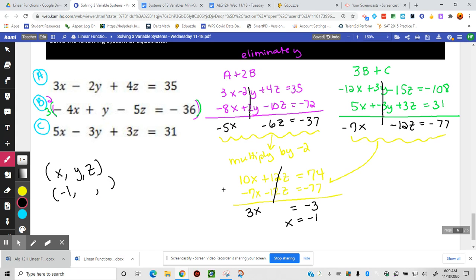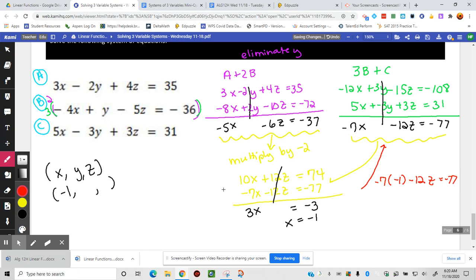So I have this ordered triple. And now you're going to work backwards. Once you have that x is negative 1, you can go back into either one of the equations that you came up with. So I have negative 7 times negative 1 minus 12 times z equals negative 77.